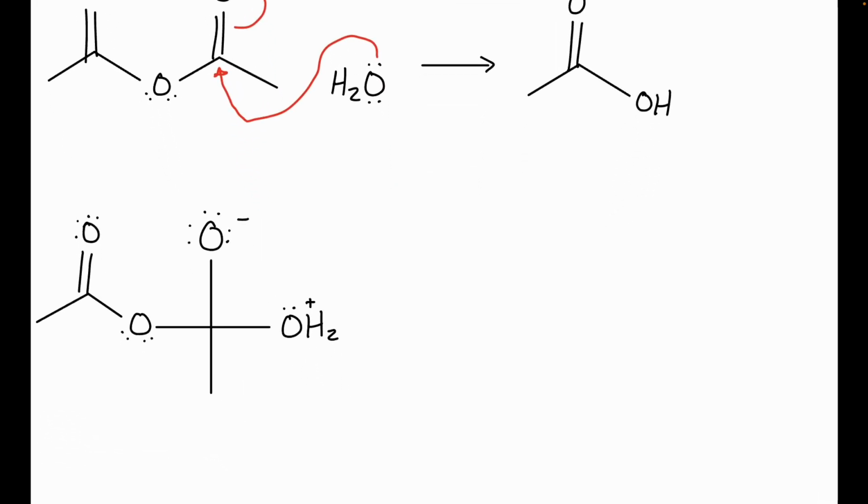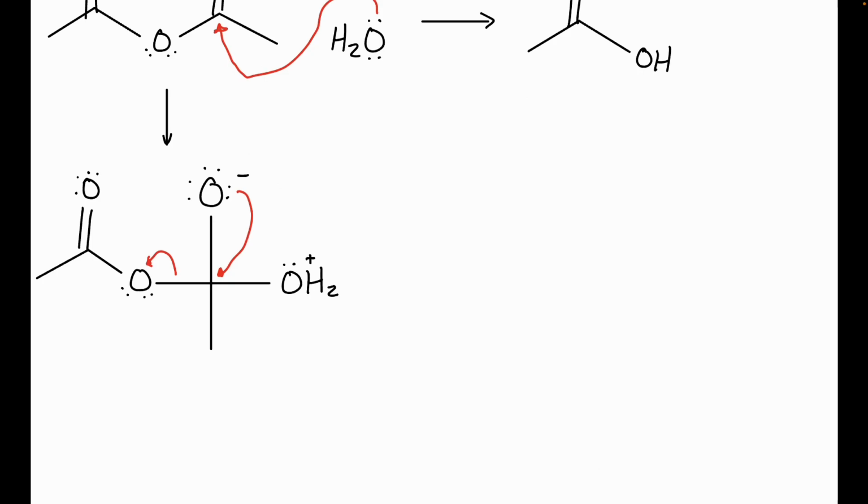All right, but when this tetrahedral intermediate forms, we got a good leaving group here. So when this leaving group gets kicked off, what is my leaving group here? Yeah, a deprotonated carboxylic acid, which we call a carboxylate ion.